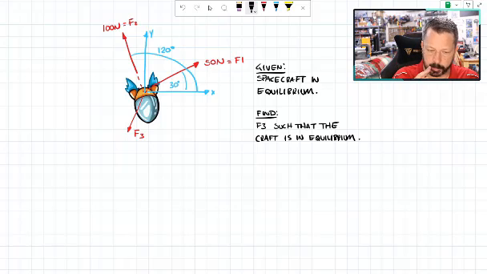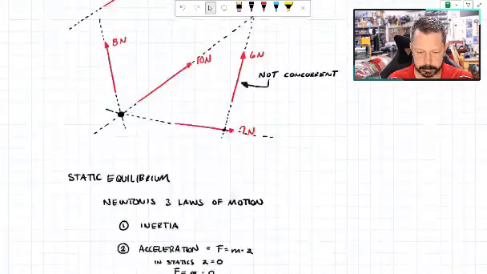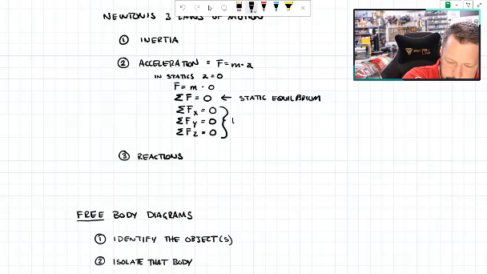So we need to do a similar process to what we did before, and we can approach it a couple of different ways. What I'm going to do here is go back to these equations right here. These are equilibrium equations.